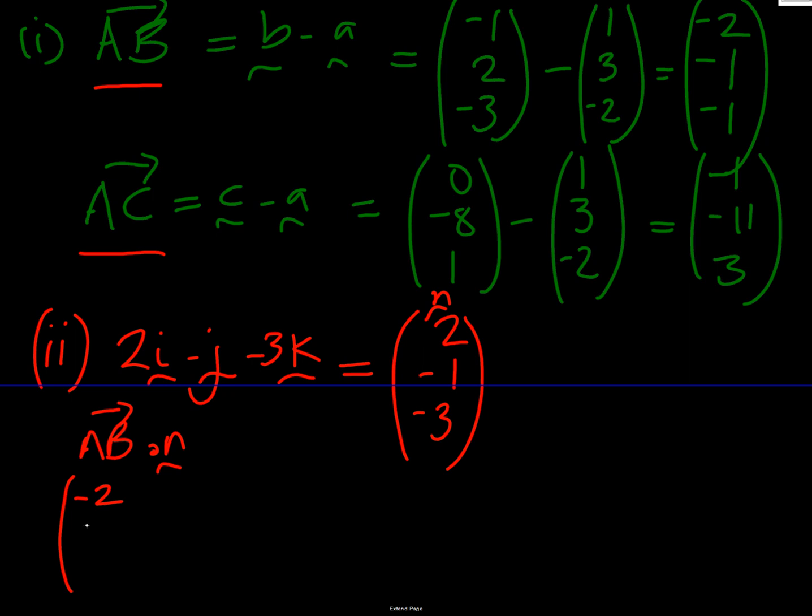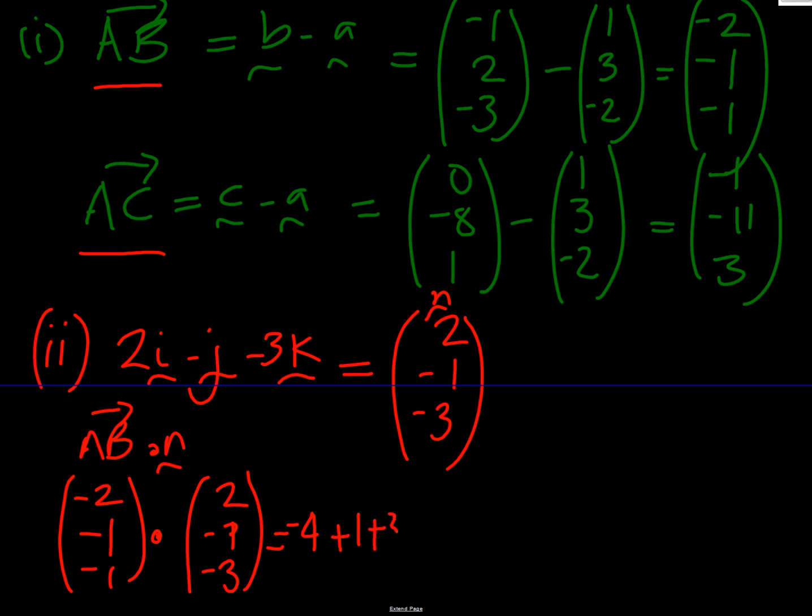So that's -2, -1, -1, scalar product with 2, -1, and -3. So that's -4 from the first 2, +1 from the y's, +3 from the z's. That's 0, isn't it?